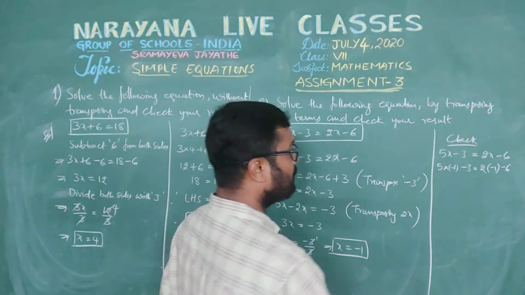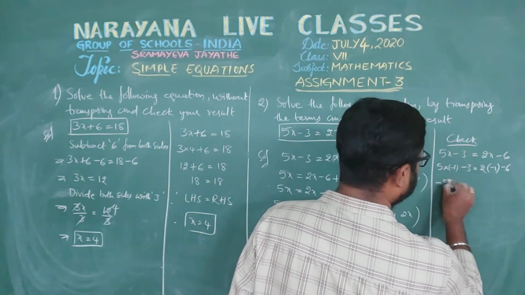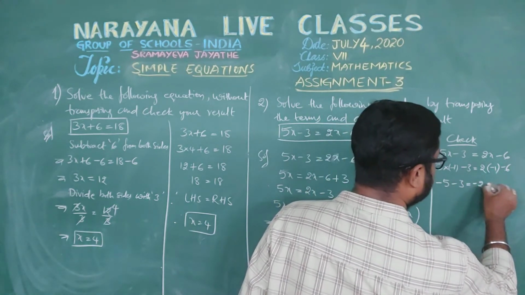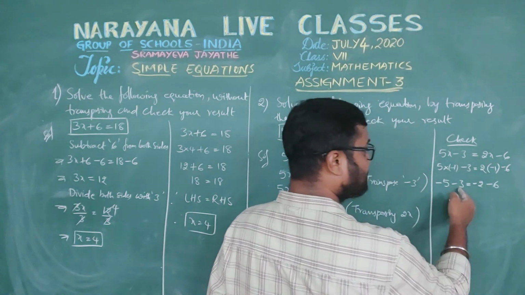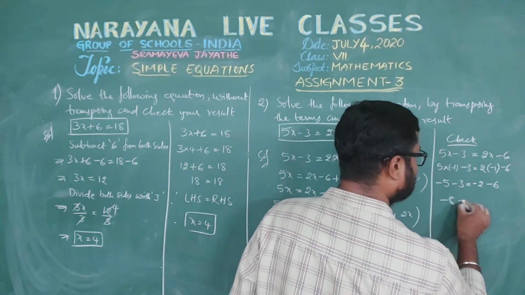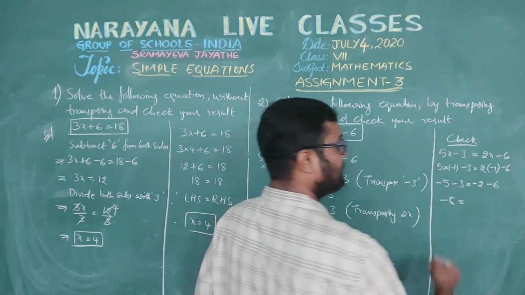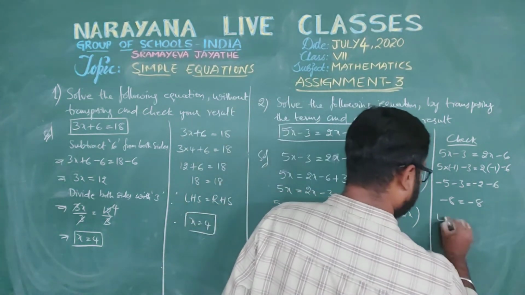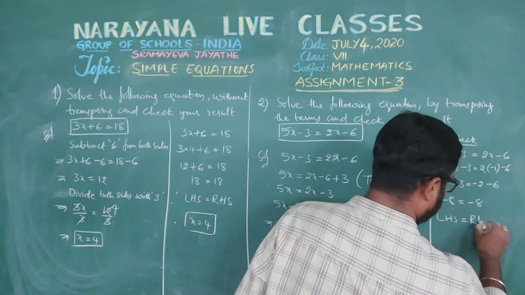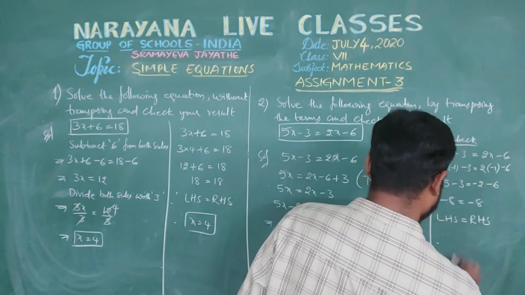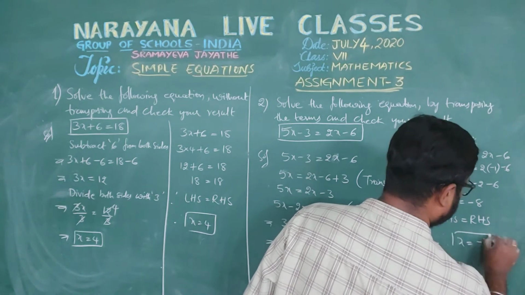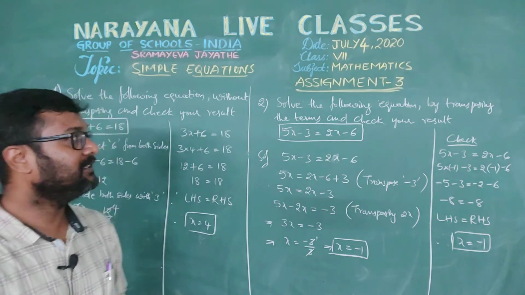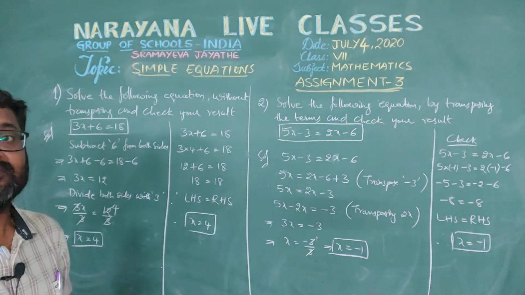Now 5 into minus 1 is minus 5, minus 3, and 2 into minus 1 is minus 2, minus 6. Now minus 5 minus 3 is minus 8, is equal to minus 2 minus 6, which is minus 8. Therefore LHS is equal to RHS. Therefore x is equal to minus 1 is the correct result. Like this we can solve the equations.